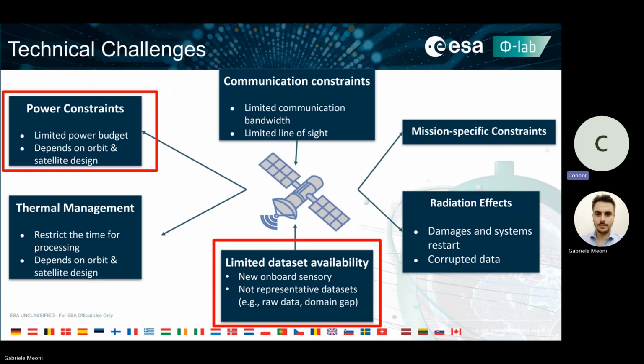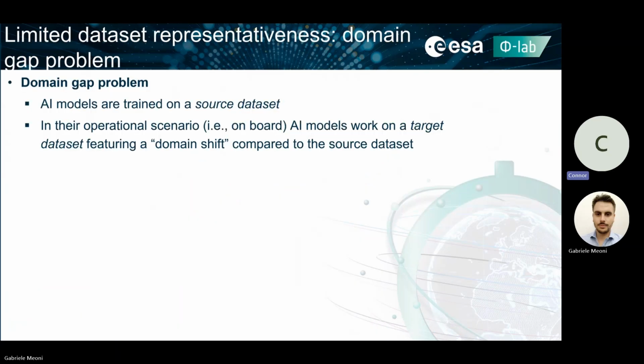In particular, we are going to discuss these two aspects that are probably the ones you would be more interested in, or might end up working more with if you are working with these applications. One of the problems is indeed the representativeness of the dataset. So you might expect to have the so-called domain gap problem. What is domain gap?